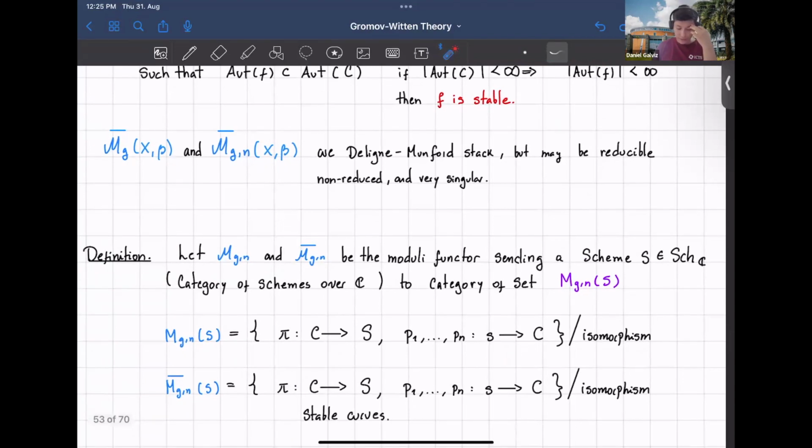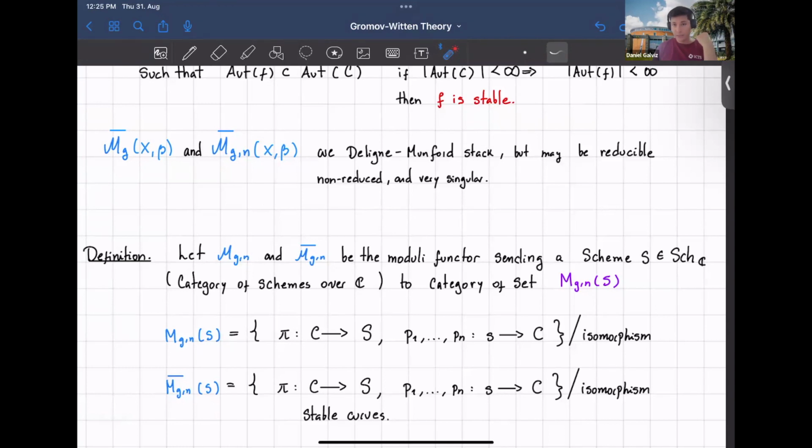Let the moduli space, the compact moduli space, be a functor, which means it takes a scheme from the category of schemes over the complex numbers to a category of sets, and then we associate to it an element of the category of sets.